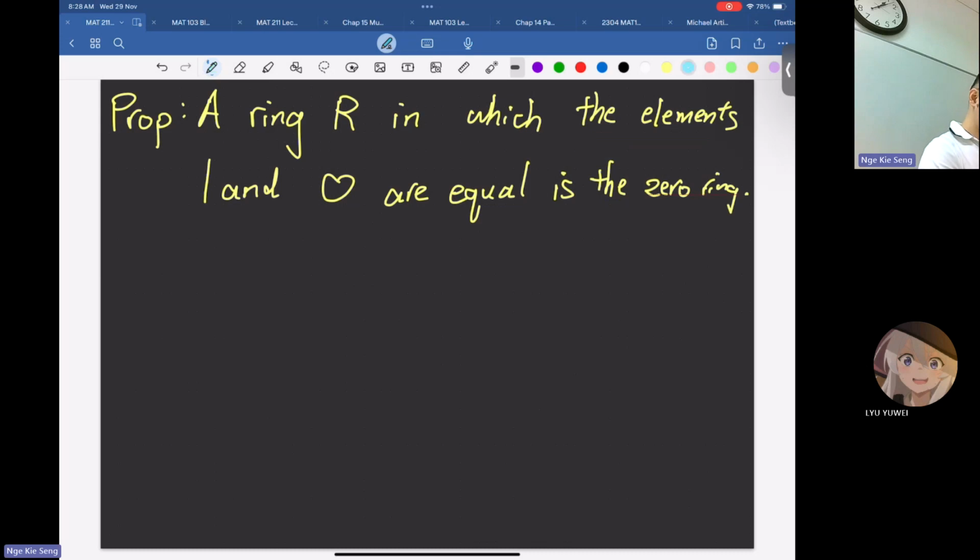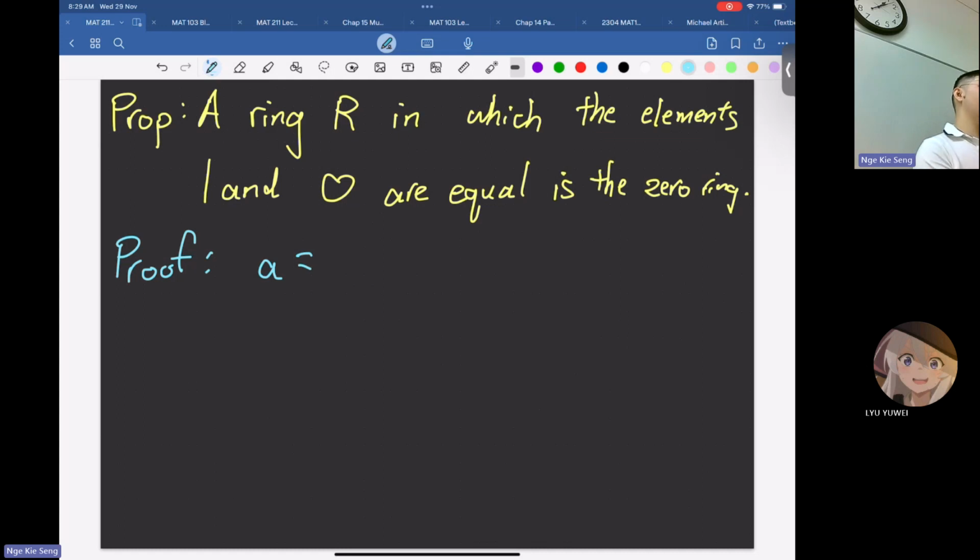Okay, how to prove this? So you want to prove something is a 0 ring, right? This means you need to prove that for any element in that ring, that element is just 0. Okay, so how to prove this? Just by the ring axioms. A equals what?